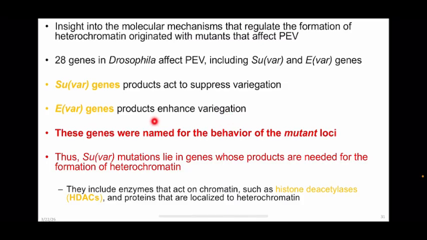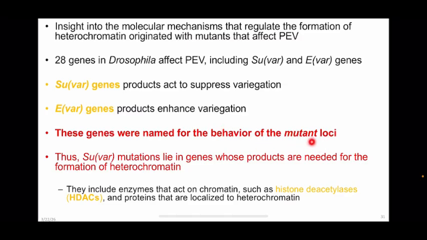It might look simple, because E means they enhance variegation and Su means they suppress. But these names were not given because this is what they do in their natural state. In the mutant state this is what they do. So the names were given for the behavior of the mutant loci. Naturally, Su genes produce proteins that enhance variegation, and E genes produce proteins that suppress variegation.